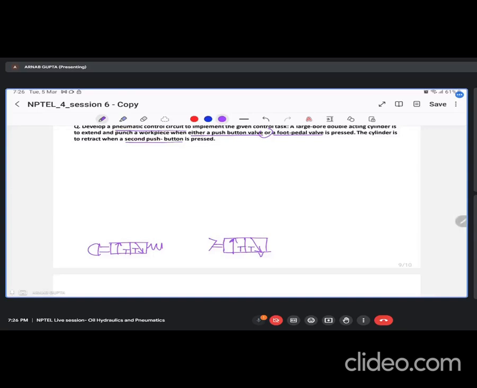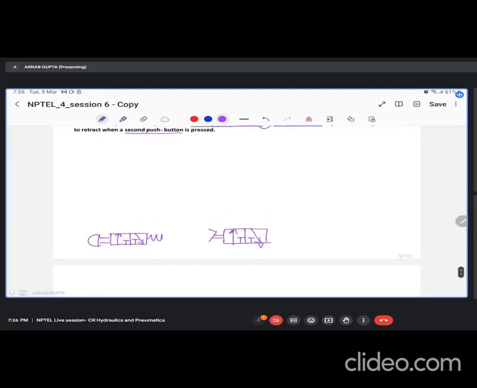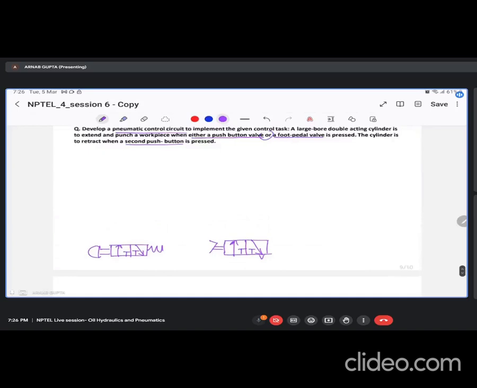I am showing the extension operation only here, not retraction. Either of these two valves needs to allow flow to the cylinder. Let's consider that the push button valve is pressed, while the foot operated valve is not pressed.